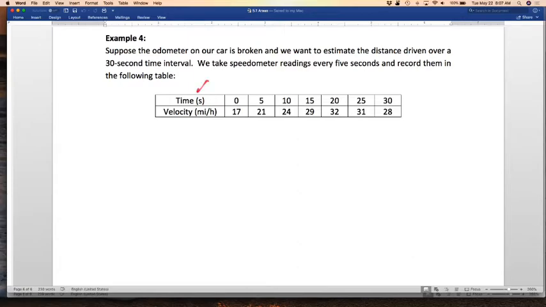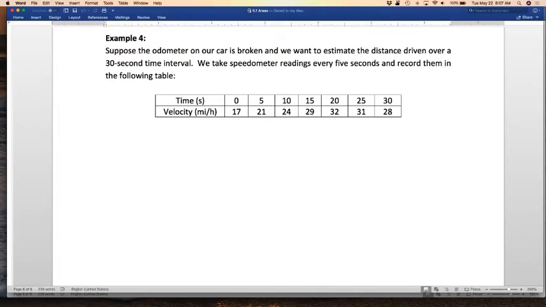The time is given in seconds. The velocity is given in miles per hour. So those units do not agree. We can't just multiply time in seconds by speed in miles per hour and expect to come out with an accurate reading. So the first thing we need to do is convert one of them.